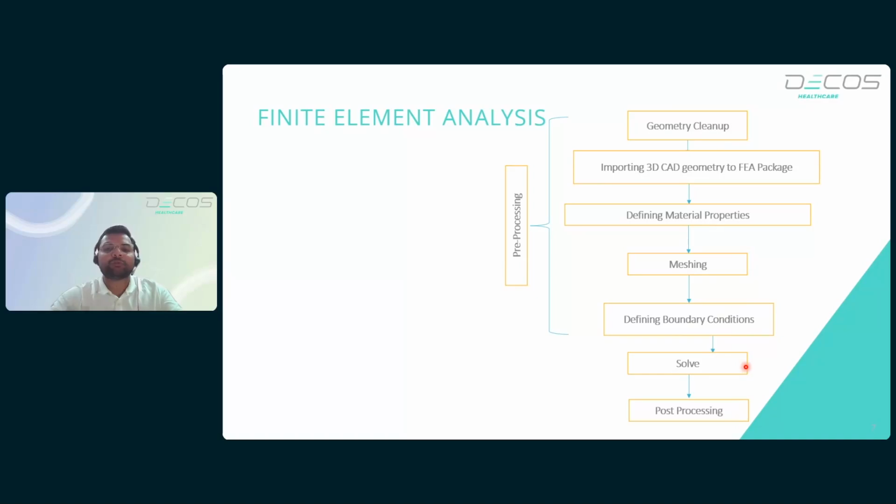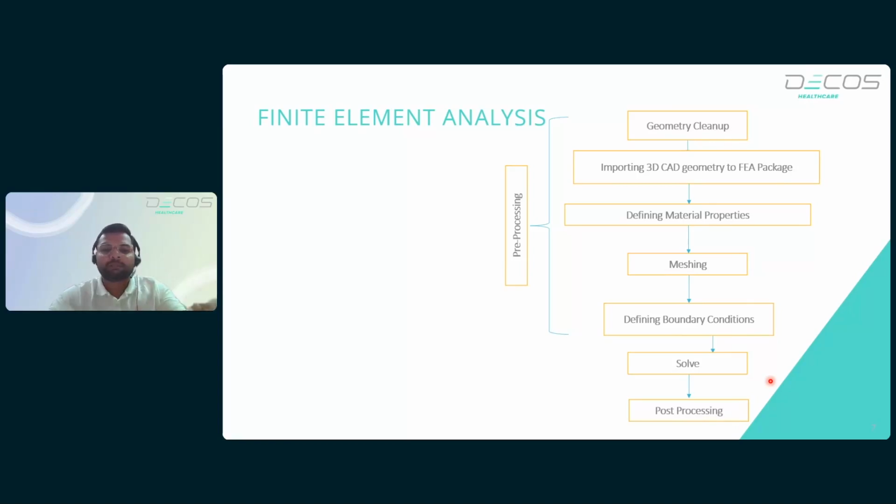Okay. Now, once you define all these things, these 5 steps, you come to the solver. The FEA solver makes use of basic equations and formulas to solve the problem, like the bending equation, torque equation, Navier-Stokes equation, and other mathematical relations based on the problem. Once you have the completed solution, these solutions are plotted over the entire geometry or the product.